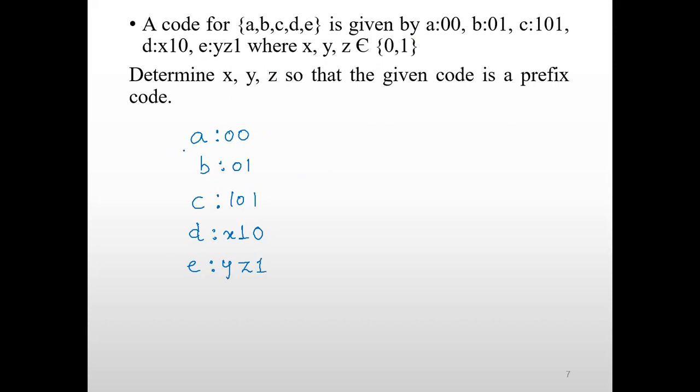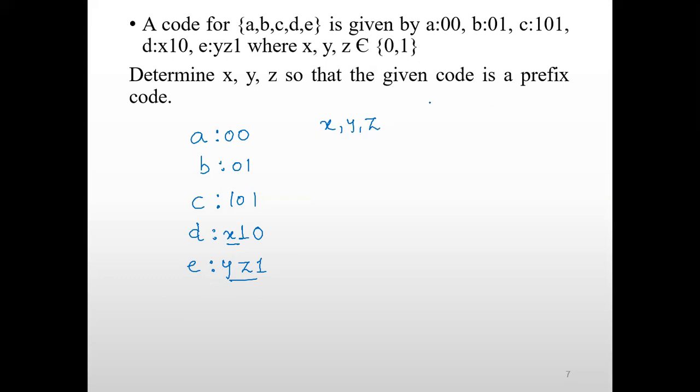A is 00, B is 01, C is 101, and there is no problem with those. But for D, we don't know the value of X, and in E we don't know the values of Y and Z. So we need to find the values of X, Y, Z, and also ensure it will be a prefix code.